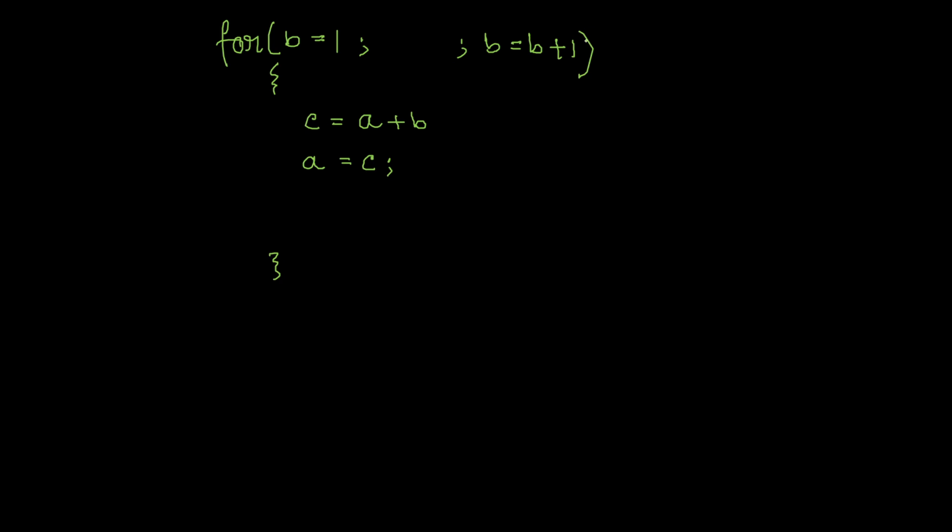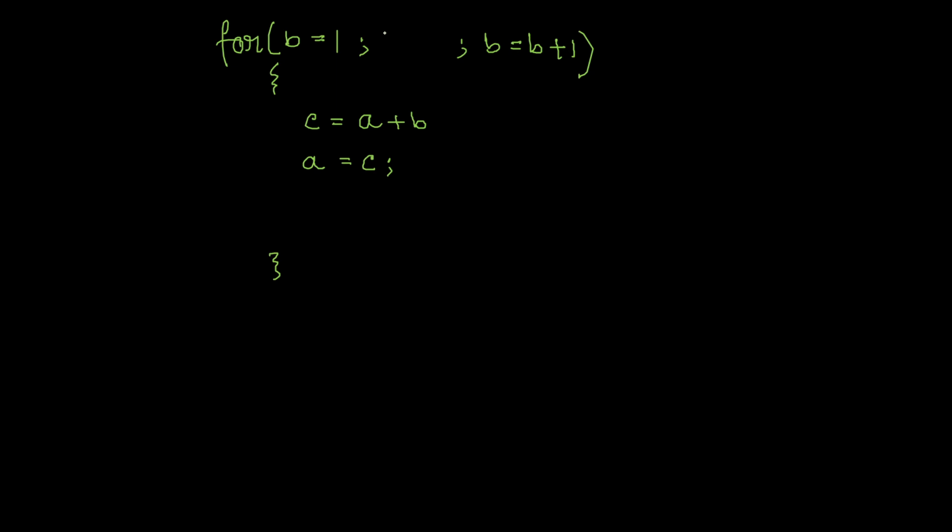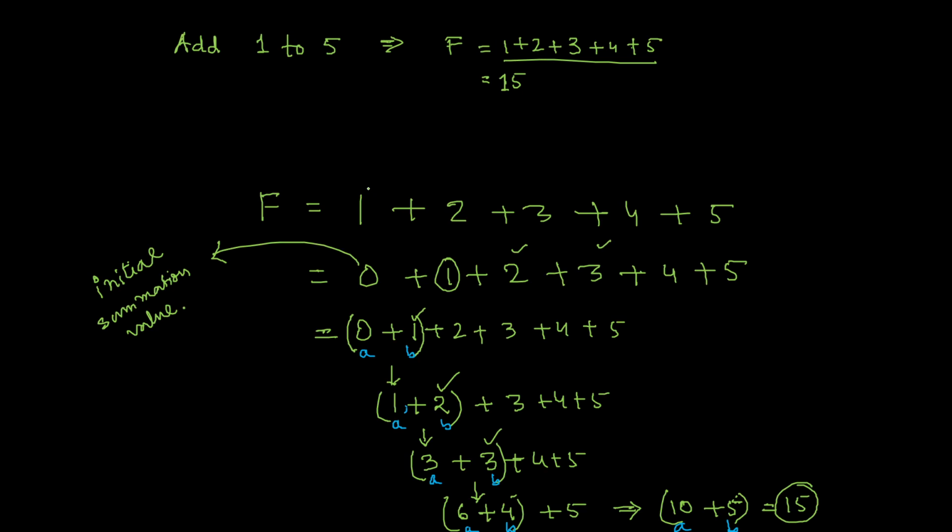And what is the criteria? B must not go beyond 5, so the criteria can be B less than or equal to 5. That's all. If I do it this way, I will get this result.